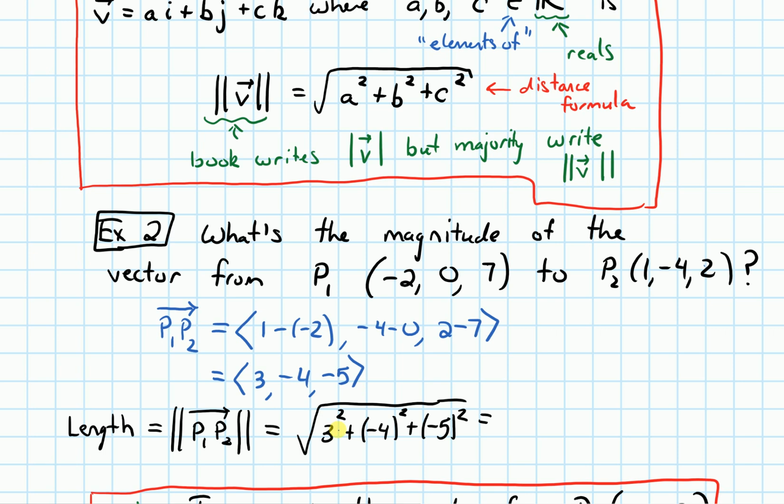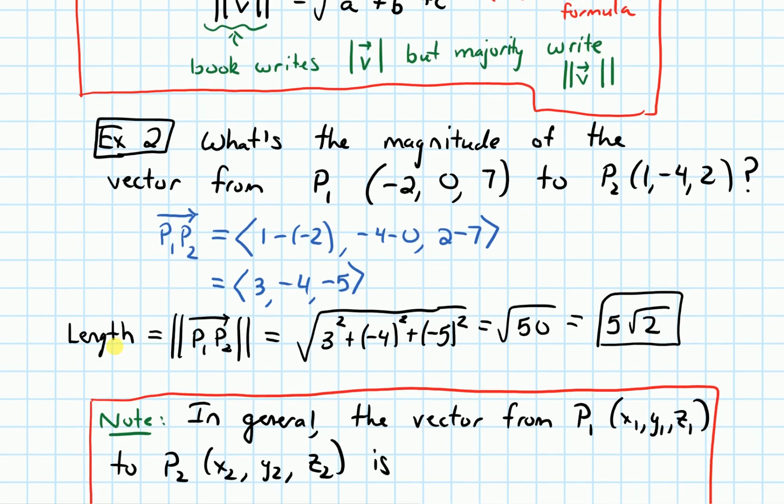Okay, so this will be 9 plus 16 first, that's 25, plus another 25, which is 50. 50 square rooted. I could pull a 25 out of the square root and have it become a 5, and then be left with a root 2. And that's our length.